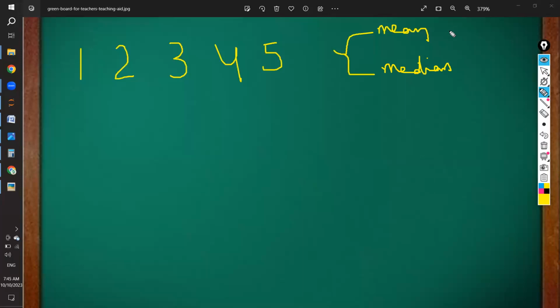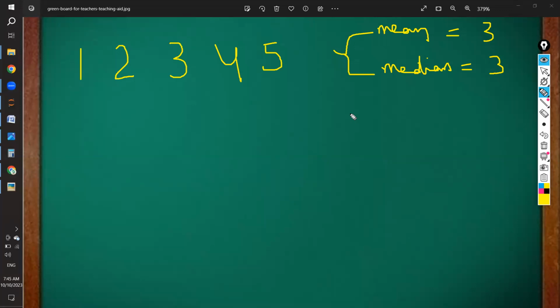Fast, guys, someone tell me what is mean and median. Three. Okay, fine, that is simple.